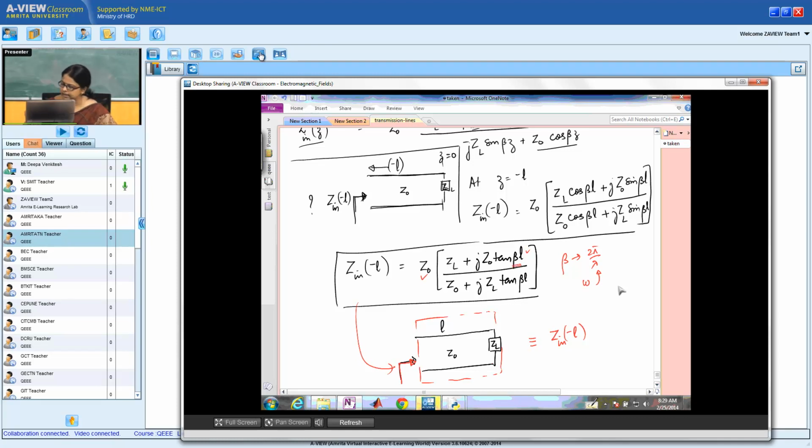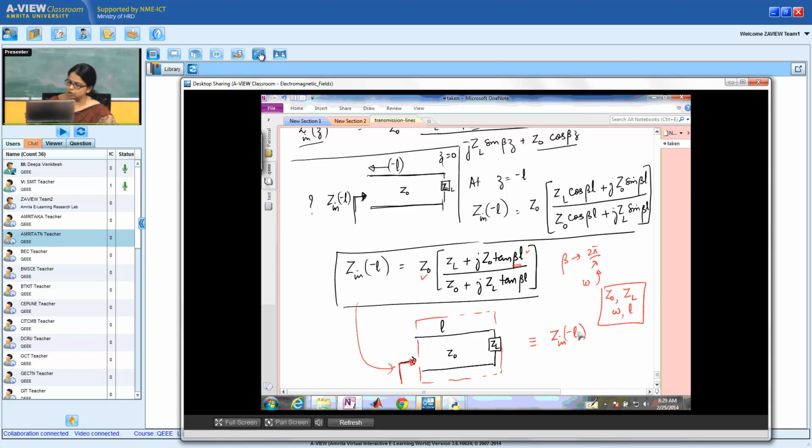So with just the knowledge of these 4 parameters, we are primarily influencing the characteristic of the line, which is essentially Z0, the load which decides how much of the voltage is getting reflected, the frequency and the length of the line.